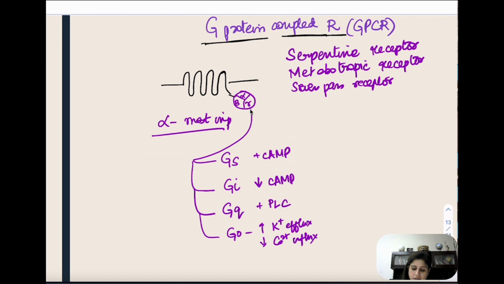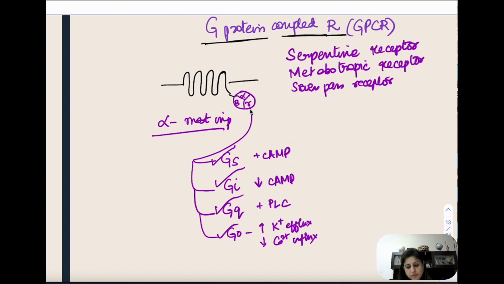So this is the GO type, almost like GI, and it usually occurs along with GI. So most important, we have the GS, GI, GQ, and some amount of the GO.